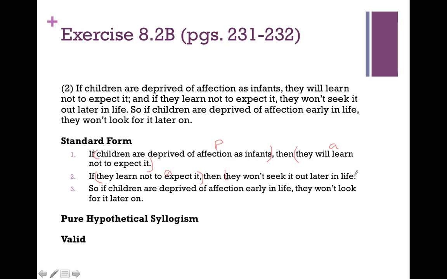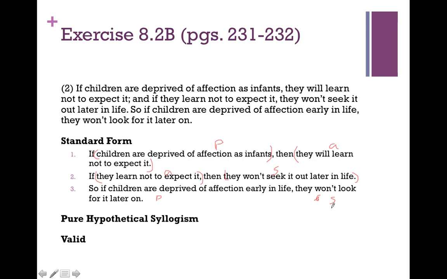They won't seek it out later in life. Well, we need a new letter here, so we could use S, and then we could use P right here. If children are deprived of affection, they won't seek it. Well, I was going with Q there, but that's S. So the form of this is if P then Q, if Q then S, therefore if P then S.